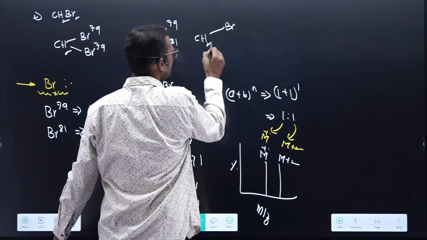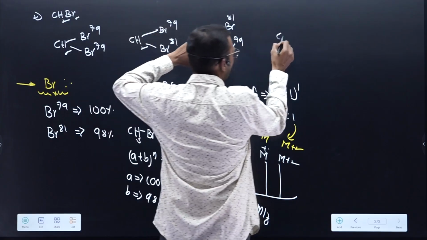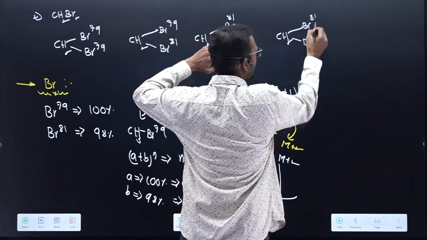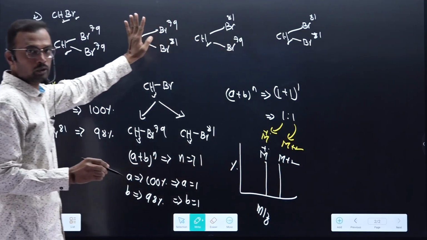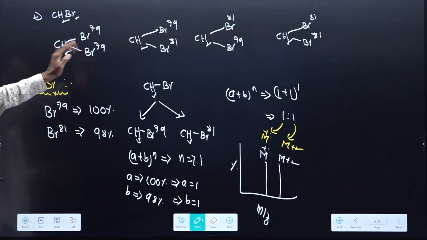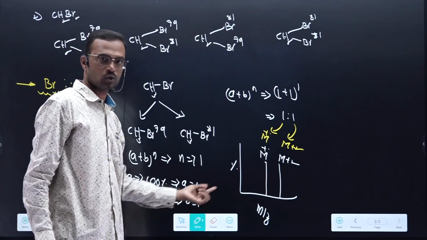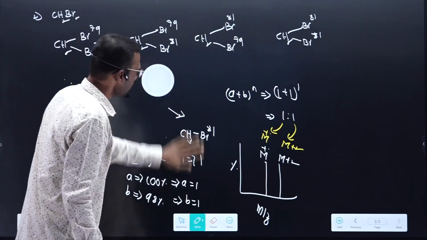And here this bromine is heavier now, this is 79. And here two bromines are heavier, I can write 81, 81. So observe clearly, molecular ion, M plus 2, M plus 4. Similar to chlorine only. The only thing is, here the lighter isotope is 1 and the heavier isotope is also 1. So you will get a difference in their peak intensity itself, but all remaining things remain the same.